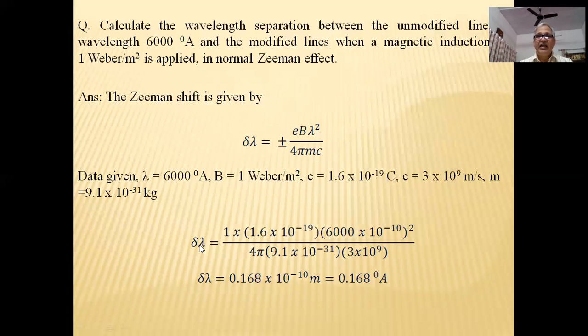We get delta lambda equal to 1 into 1.6 into 10 to the power minus 19 into 6000 into 10 to the power minus 10 whole square upon 4 pi into 9.1 into 10 to the power minus 31 into 3 into 10 to the power 8. We solve this, we get delta lambda equal to 0.168 angstrom. This is the required separation.